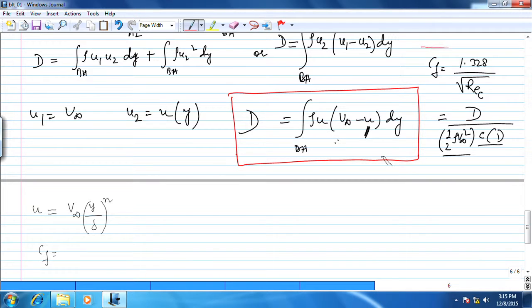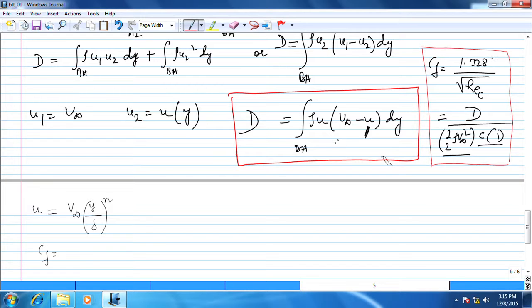It is 1.328 by root Re based on chord. This is equal to drag divided by the dynamic pressure times the area. In this case, unit 1 is the unit depth into the plane of paper, and c is the chord length, which gives you the area. So that is Cf.